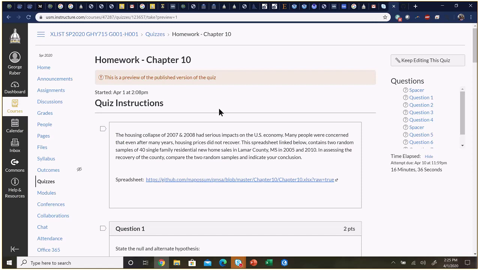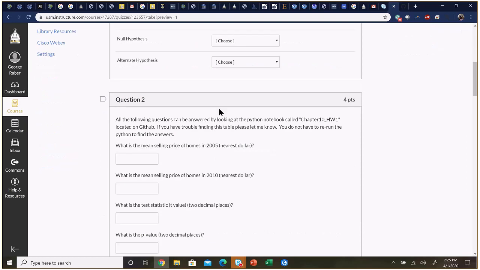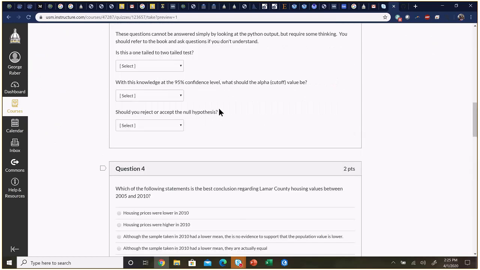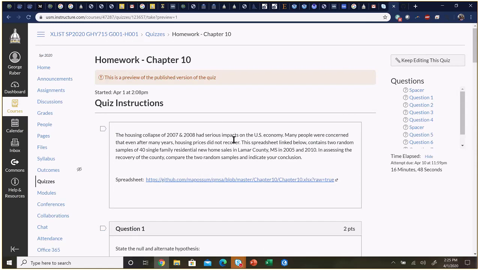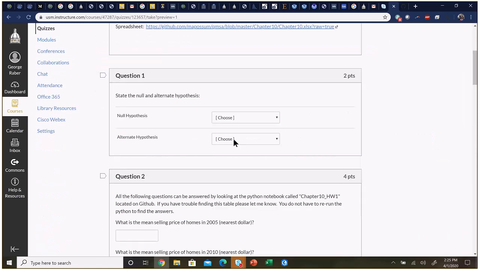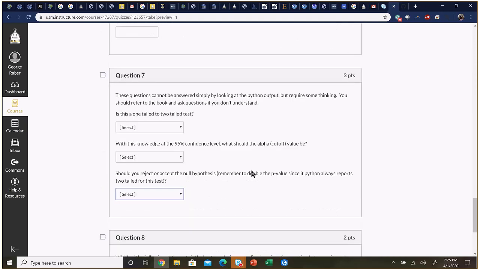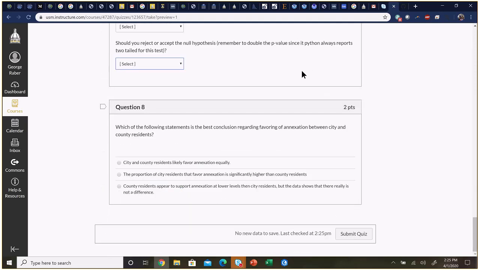So you organize the numbers the right way, then Python can calculate the test statistics that it needs to answer the question and give you the p-value. So you just need to know which test to run, and then there'll be lots of software out there for you to actually run and answer these questions. But you do need to know how to interpret the results.